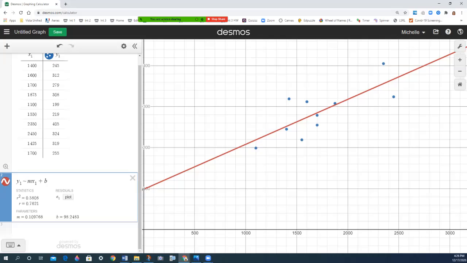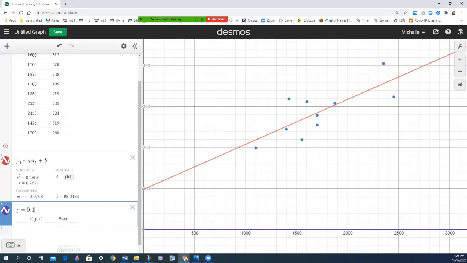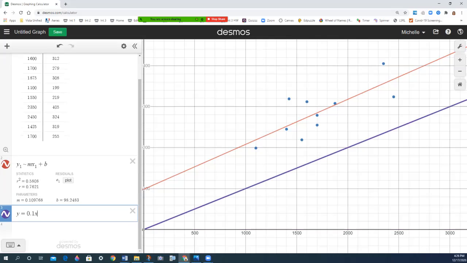You can also see my equation here. My slope is 0.109768 is what they're giving me as an approximation here, and 98.24. So if I was to enter that here, let's say I entered y equals 0.1x plus, let's say, 98.